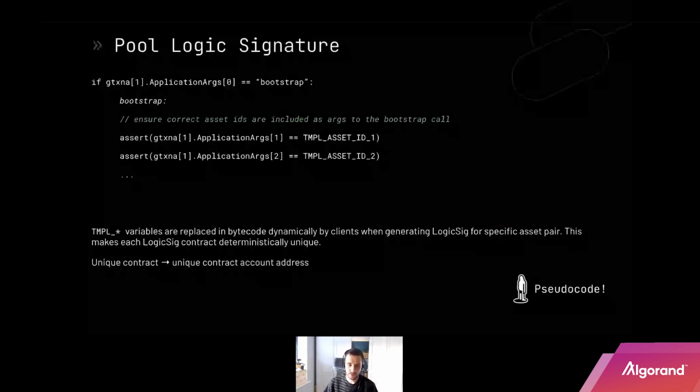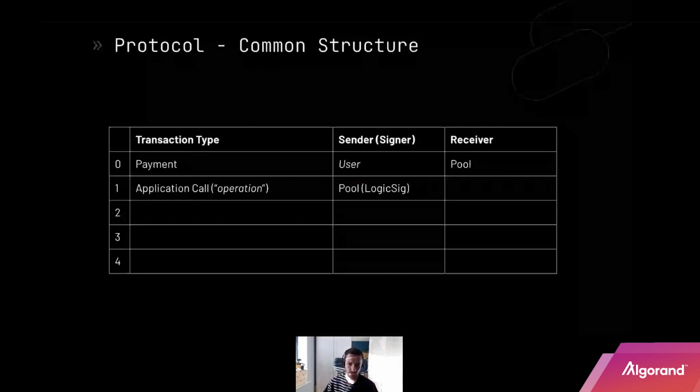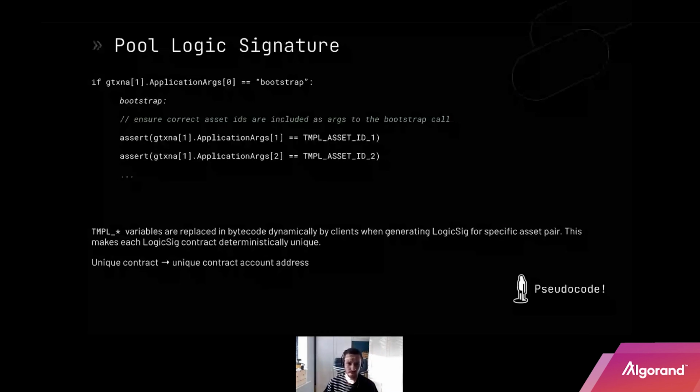By changing these asset IDs, it generates a deterministically unique contract bytecode, and hence a deterministically unique contract address for the pool. So if you want to find out the address for a specific pool for a set of assets, you just need to substitute them into this contract, and then you generate the bytecode and get the hash of it to get the address. So there's a deterministic way of getting the address.